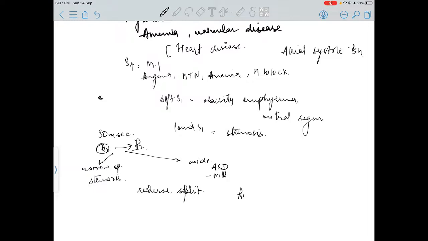So reverse splitting occurs in left bundle branch block and WPW, right?